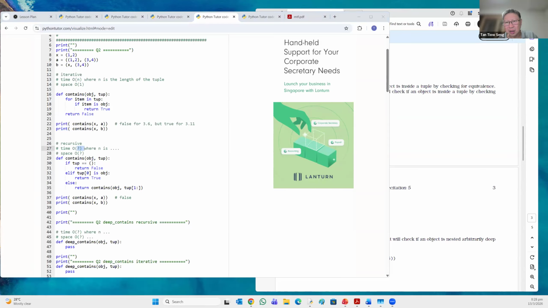Ayan. Hi, Prof. Hi. What do you think the time is? O of n, where n is the length of the tuple. Are you sure?